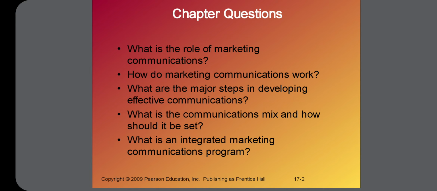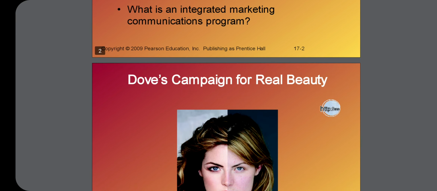What are the major steps in developing effective communications? What is the communications mix, or what are the different components of your IMC, known as integrated marketing communications, and how should it be set? As well as the integrated marketing communications program.